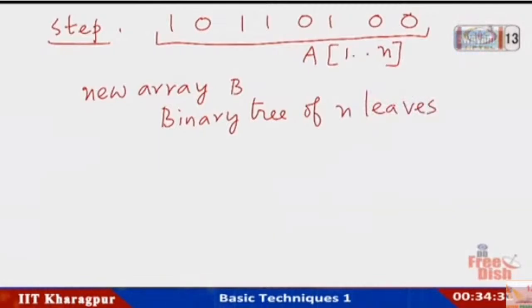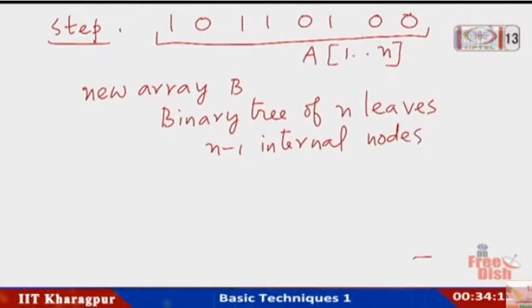A binary tree of n leaves contains 2n-1 nodes. There are n leaves and n-1 internal nodes. So there is a total of 2n-1 nodes.